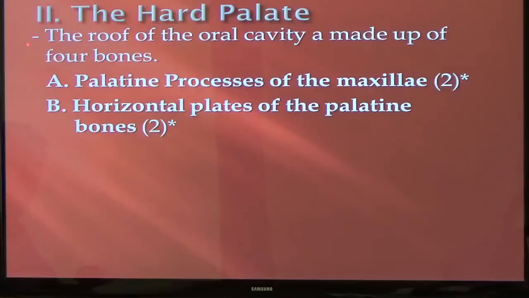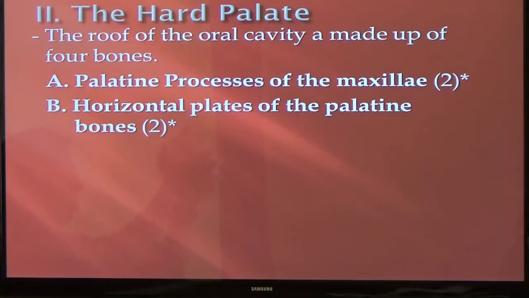Okay, so the maxilla, it'll ask you what bones make up the hard palate, and you've got 2 palatine processes of the maxillary bone, and horizontal plates of the palatine bone, which is that tall bone that I showed you. So these processes, these two here and these two here.